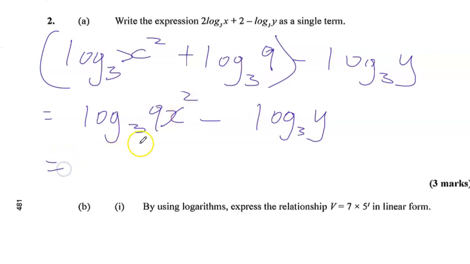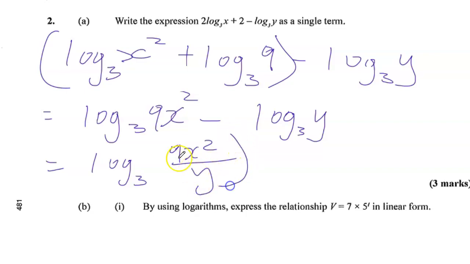And another rule of log says log a minus log b is log a over b. So since we're subtracting, we can combine both logs by dividing. So when you're adding, we combine by multiplying, and when you're subtracting, you combine by dividing. So this is log of 9x squared over y base 3. So that's how we combine these as a single term.